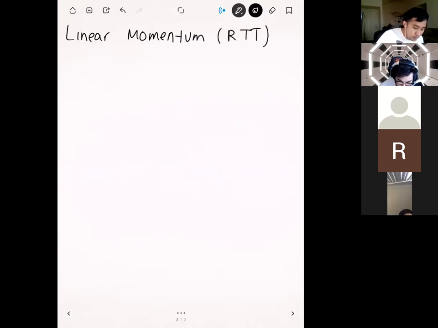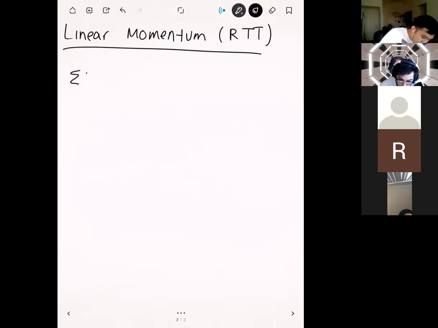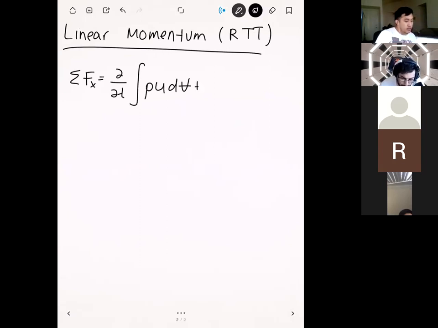So this is linear momentum RTT. We have the sum of all the forces equal to partial t, integral rho u dV, that's the unsteady term, plus the inflow outflow term.